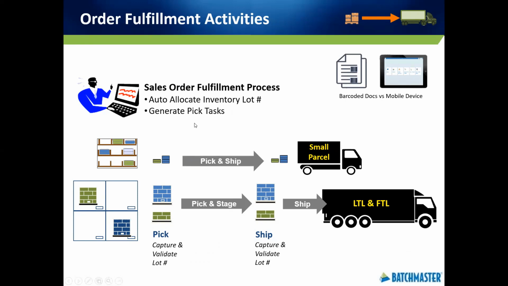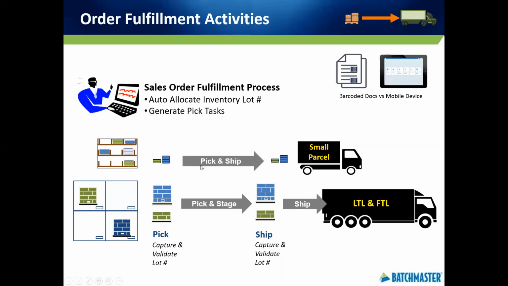And in both cases, a single order or a group of orders, we'll go ahead and allocate the best inventory for those orders by lot number, of course, and then we'll generate the pick tasks to the floor, and they'll go out and pick the appropriate inventory and bring it to the staging area in the shipping area.